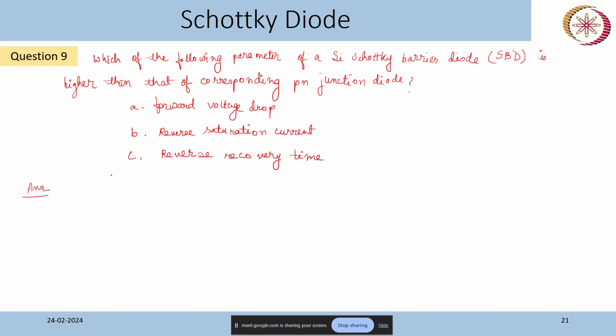in case of a Schottky barrier diode, it is a metal semiconductor junction. So this is the Fermi level. So let's see, it is a metal and this is an N-type semiconductor. Let's consider silicon. So this voltage drop, qV naught, will be equal to phi m minus phi s.